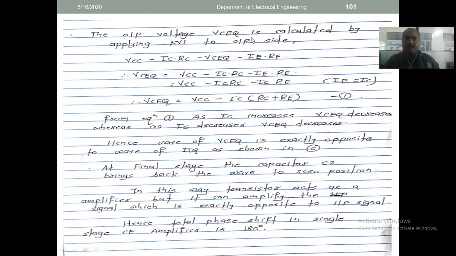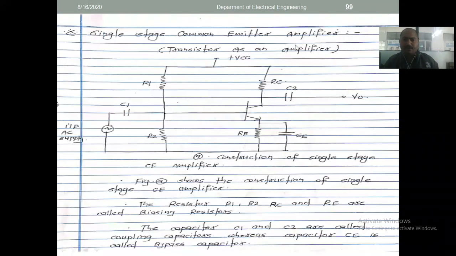See the output voltage. The output voltage VCQ is calculated. Now see, we have to calculate the output voltage of this configuration, right?